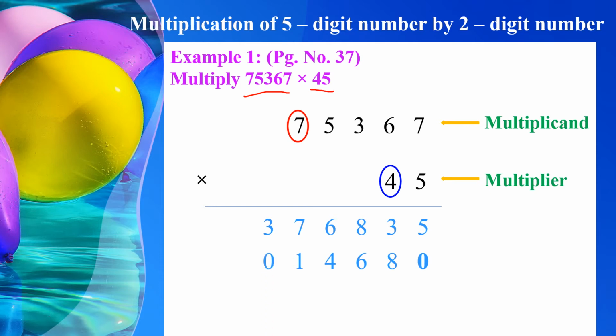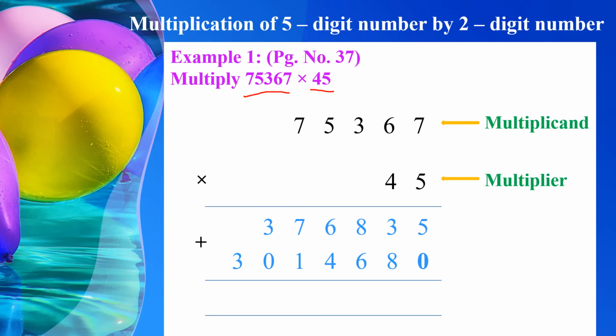Since this is the last digit, we can write 30 as it is. Now we have multiplied all the digits of the multiplier with the multiplicand. The next step is to add these two numbers and find the answer.